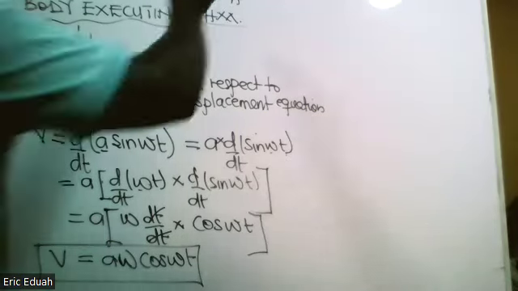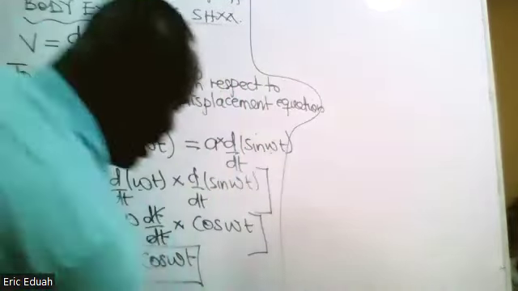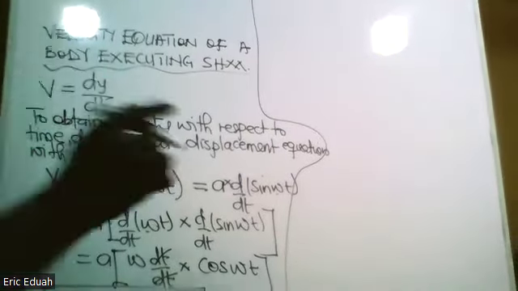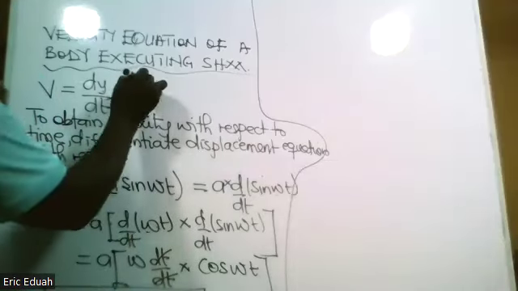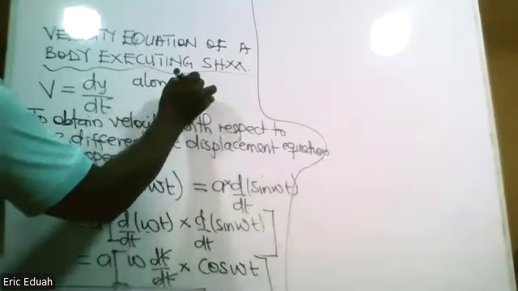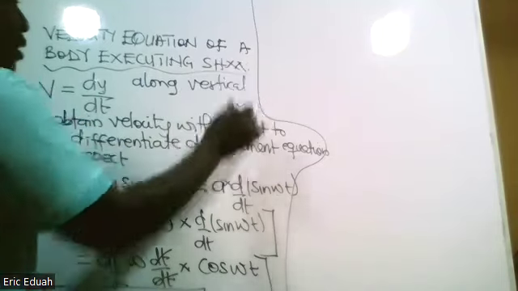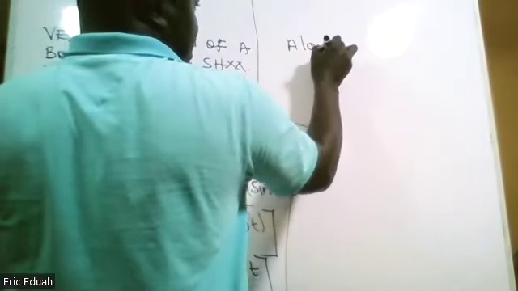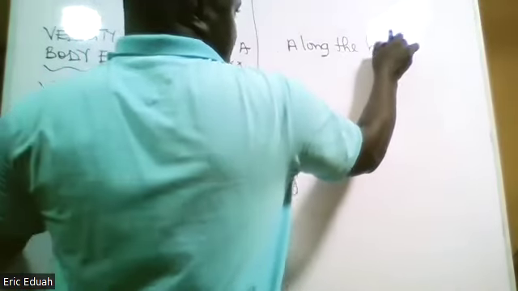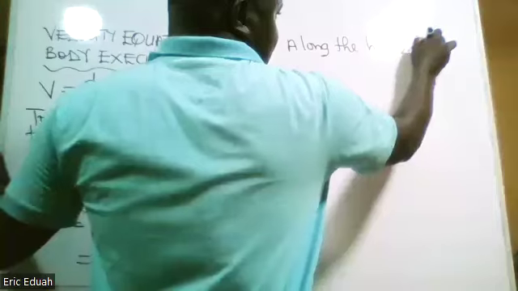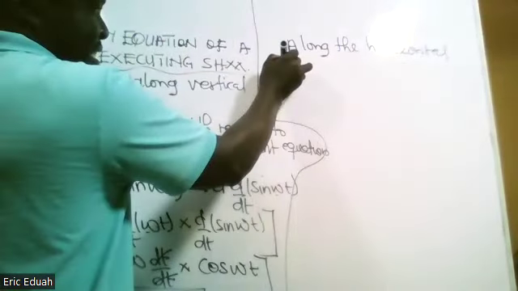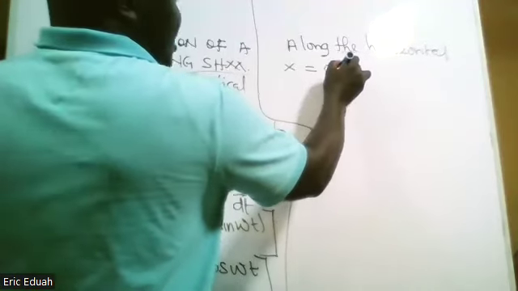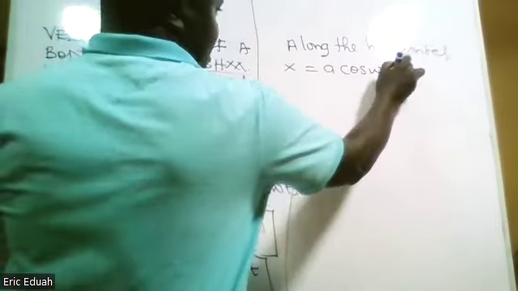Meaning that if you are looking at the differential, the velocity function along the vertical will also be different. So this is what we've done along the vertical, when the body oscillates up and down. Along the horizontal, this is what will happen. We have x is equal to A cos omega t.